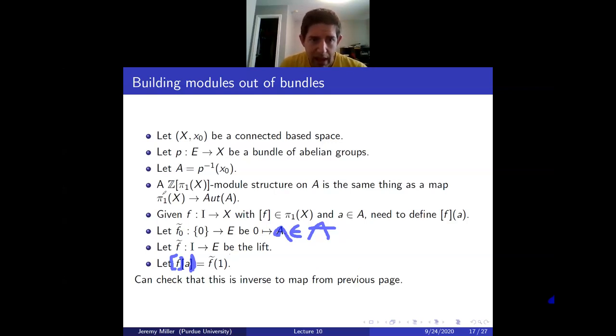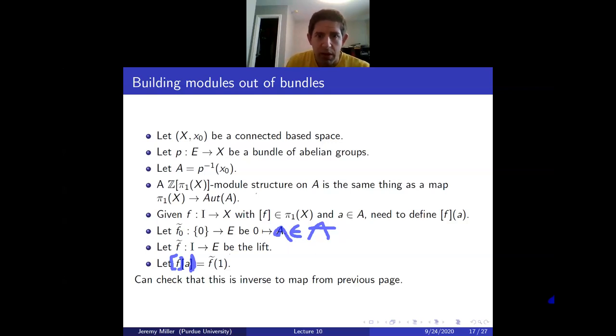So this structure gives A a natural Z[π1(X)] module structure. One comment is that here group means discrete group, so a bundle of discrete groups is a covering space, because the fibers all have the discrete topology.